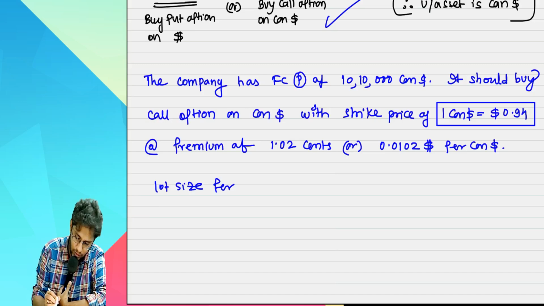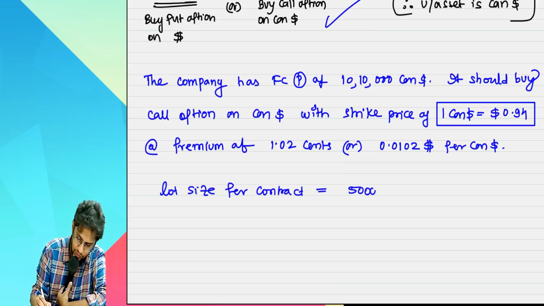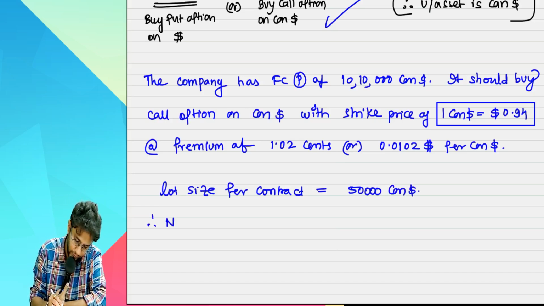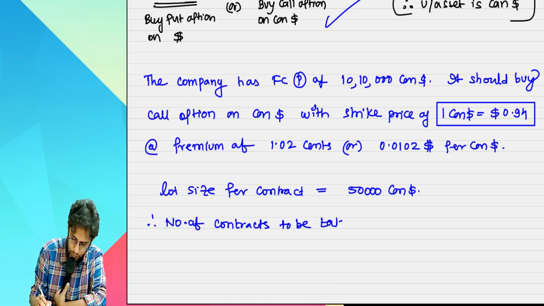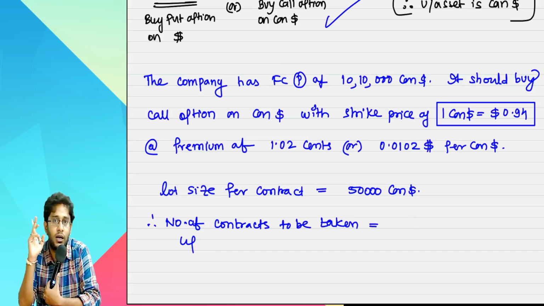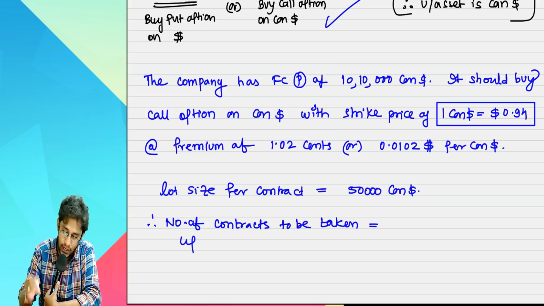Lot size per contract is 50,000 CAN dollars. Therefore, the number of contracts to be taken up: if I take one contract, I'll be hedging 50,000 CAN dollars, and I have to hedge 10 lakh 10,000 CAN dollars.